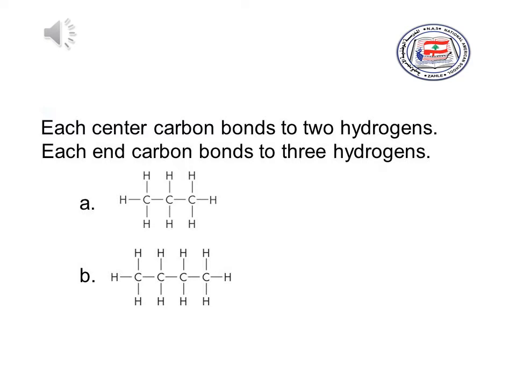So we start with the number of carbons, then we write the hydrogens. Each center carbon bonds to 2 hydrogens, each end carbon bonds to 3 hydrogens, as you can see here in Part A. And make sure that each carbon has 4 bonds. Part B, we draw 4 carbons.